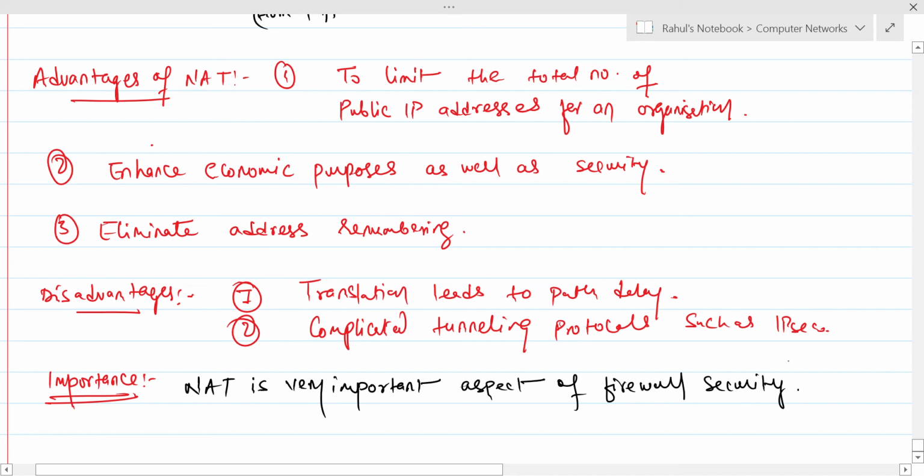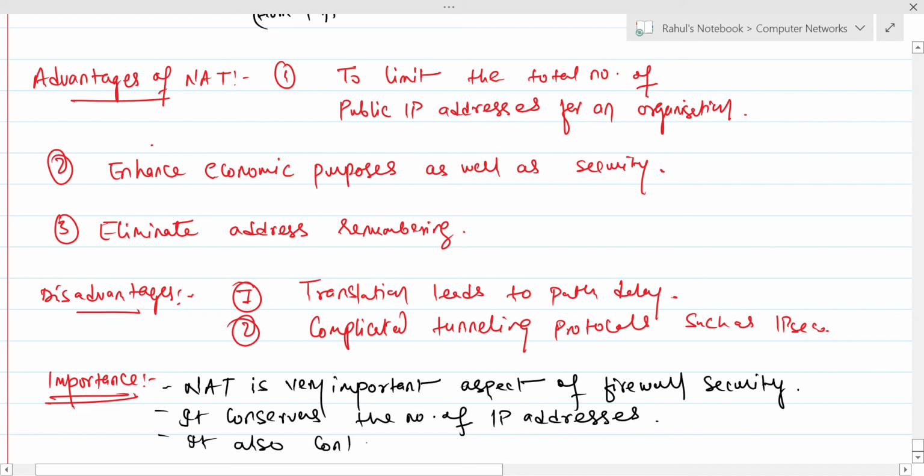It conserves the number of IP addresses. And it also controls resources on both sides. So there is importance like this. So this is about NAT, that is network address translation.